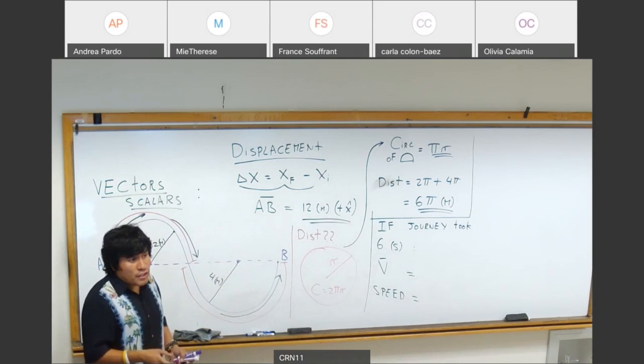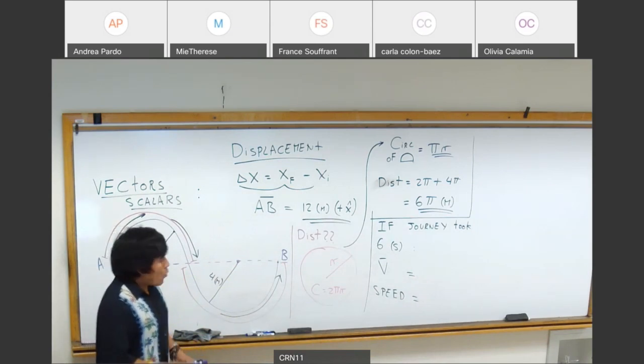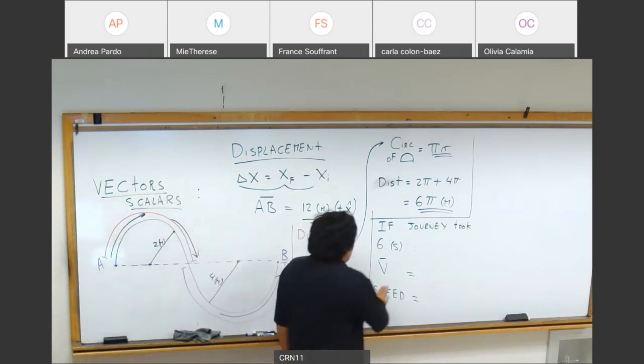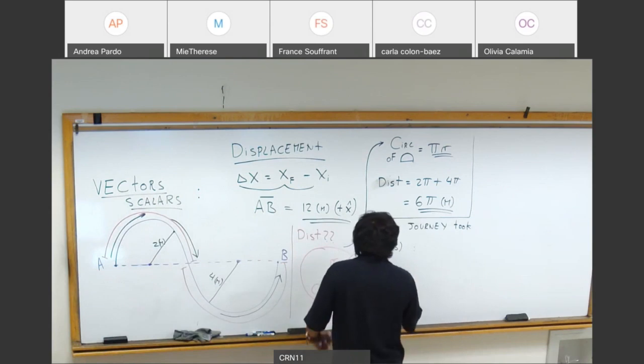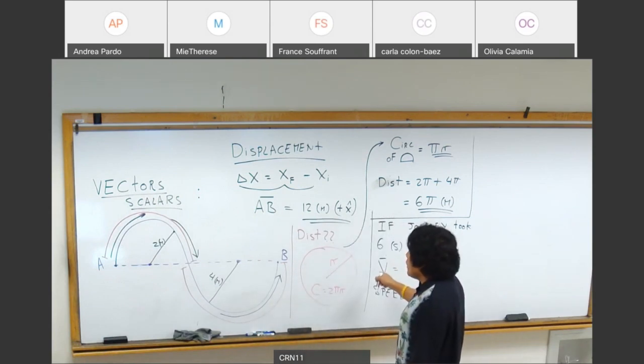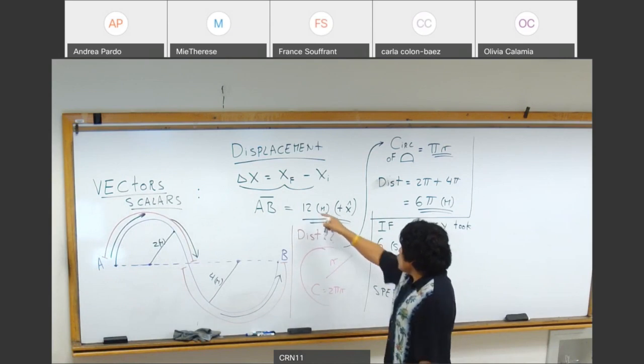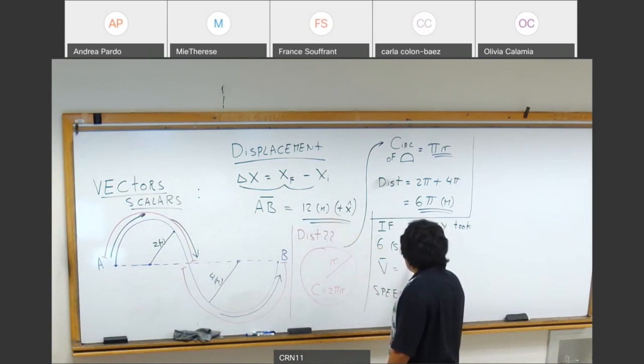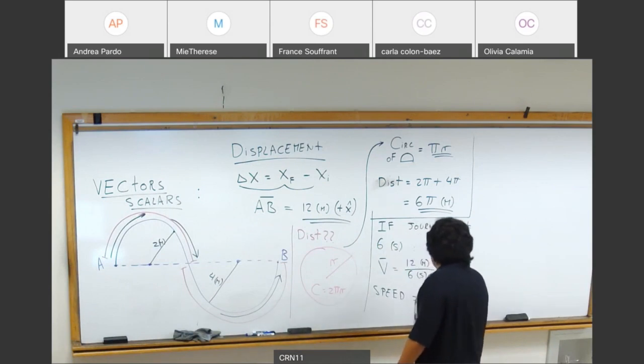Velocity is the displacement over time, while the average speed is the total distance divided by the time. So our velocity will be 12 meters divided by 6 seconds. That will give me 2 meters per second in the positive x direction.